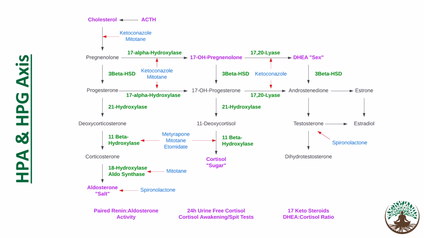This will also result in a decrease in serotonin synthesis. Advanced HPG axis testing can provide a breakdown of metabolites to illuminate the balance of progesterone, testosterone, and estrogen, as well as determine if there's a need for toxic estrogen metabolite clearance, DHEA support, or progesterone or testosterone supplementation or support.